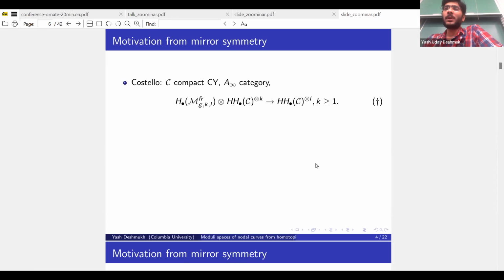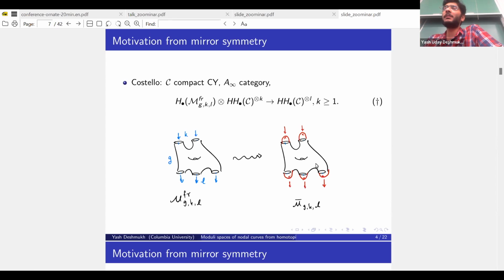So I'll say what the moduli space is. These are moduli spaces of Riemann surfaces with boundaries. So you have Riemann surfaces, and you assume that the boundaries are modeled on the complex half plane. And moreover, we assume that these boundaries are framed, in the sense that these boundaries come with an analytic S1 parameterization.